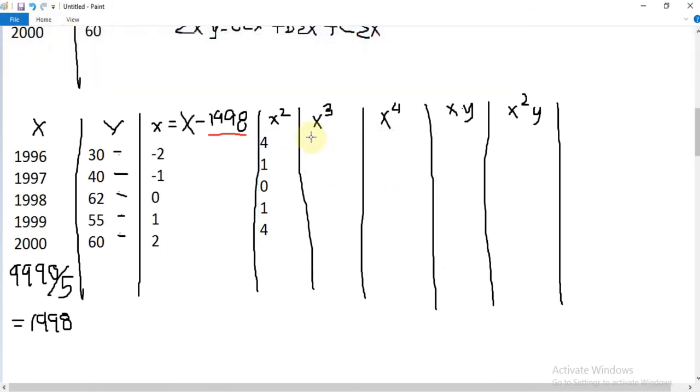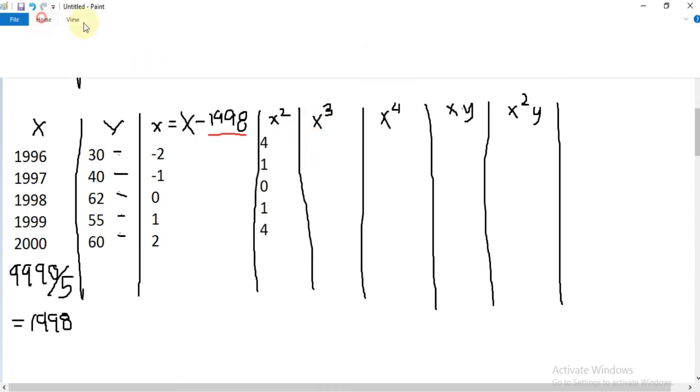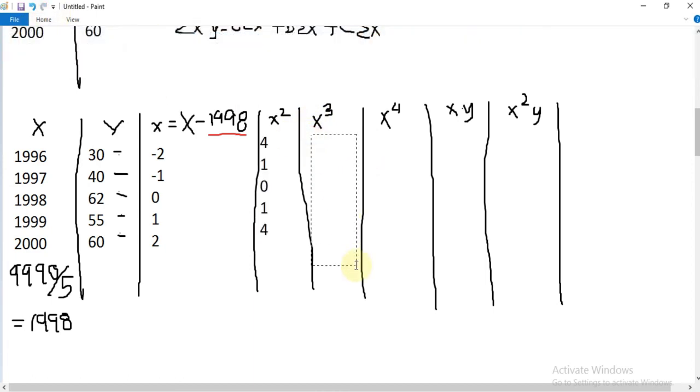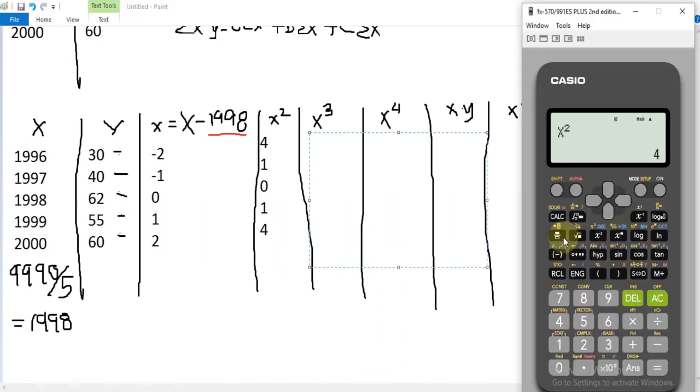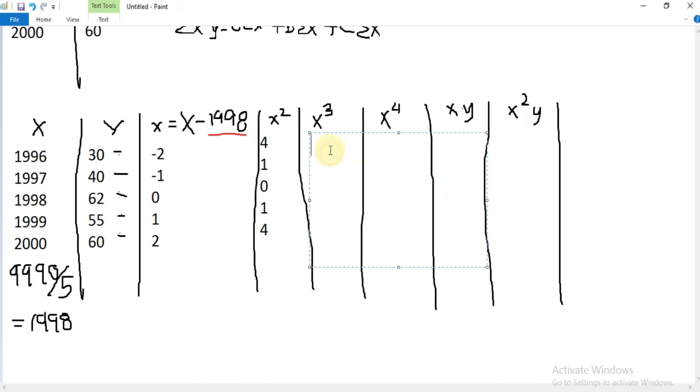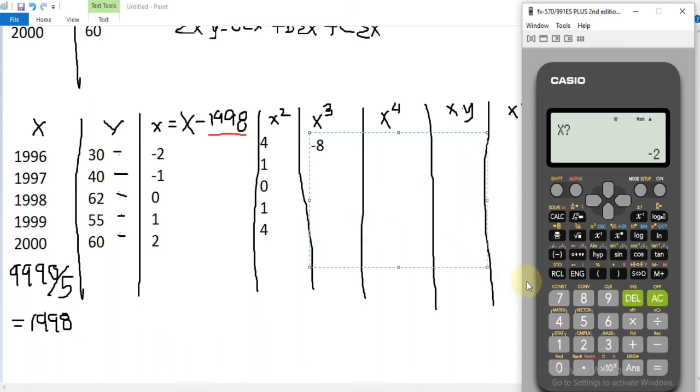Next, you input the values for x cubed. Negative 2 cubed is negative 8. Negative 1 cubed is negative 1.